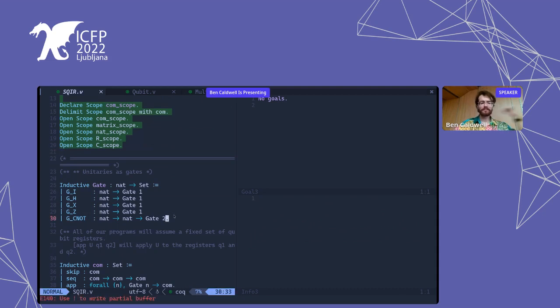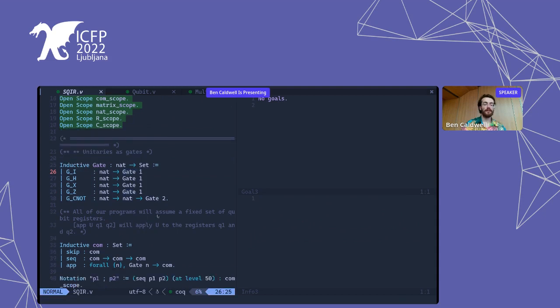So unitaries in Squire, we're representing them as gates, so we have just this inductive gate construction where we're going to say, okay, well, give me the natural number that I am operating on, right? That's this argument. This is an identity gate on whichever wire you specify. And then this natural number provided over here tells you how many arguments it has.